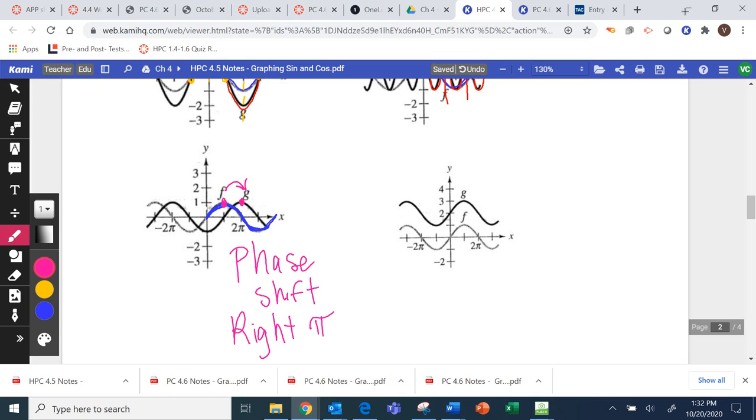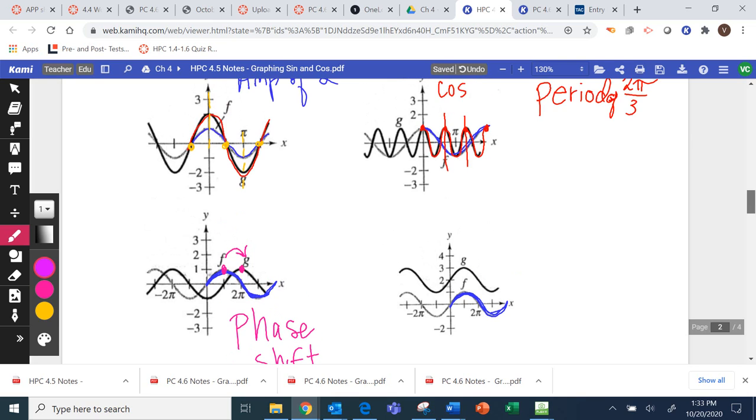Okay. And then the last one, this is f. We need to talk about g. Anybody want to take this one? Ava, take it. Okay, it's a what shift?